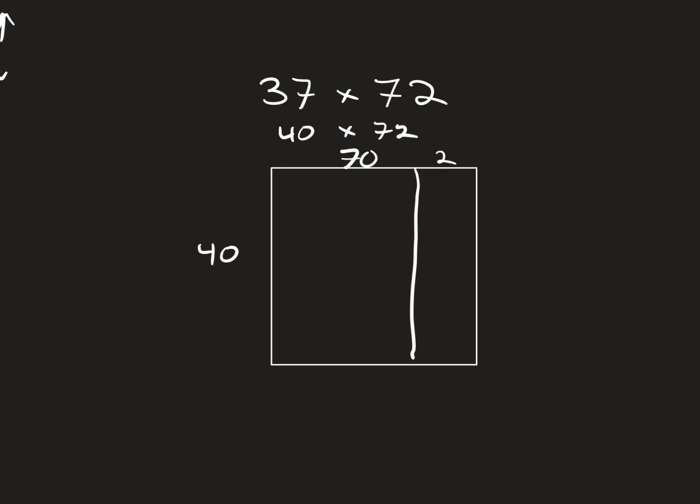Now I do the same thing. I cover up, or I highlight my zeros, and I just look at the numbers in white right now. So 4 times 7, that gets me 28, and then I slide 1 over, and I drop 1 over, and I'm done with that one.